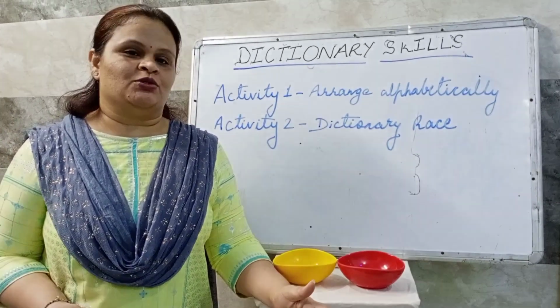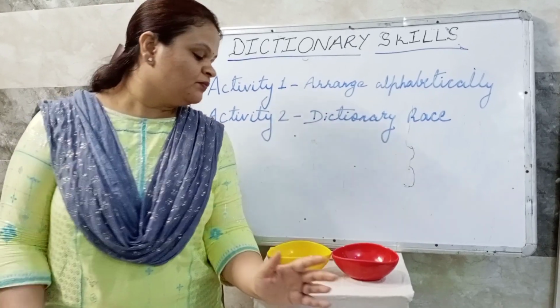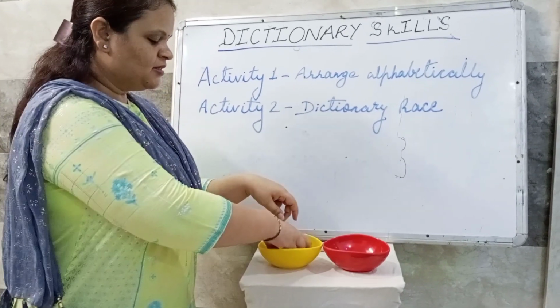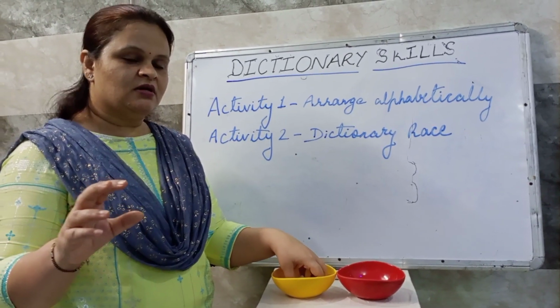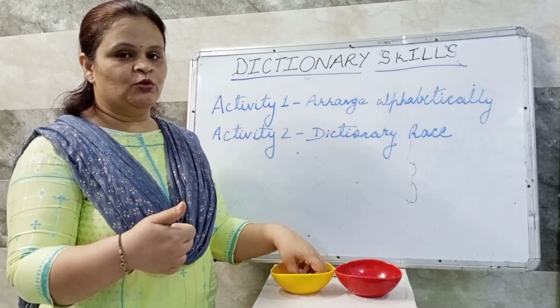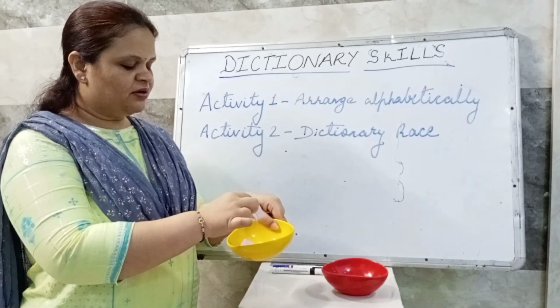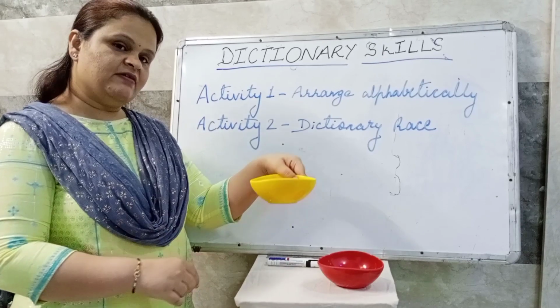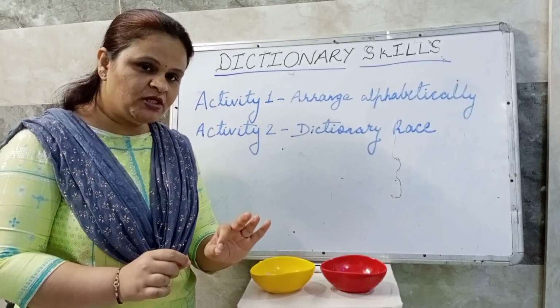On phone also you can do this, online also you can play this. What you have to do, you have to make some chits. Decide the number of words with your partner with whom you are going to play the game. See, I have made 7 chits. So you have to make 7 chits.